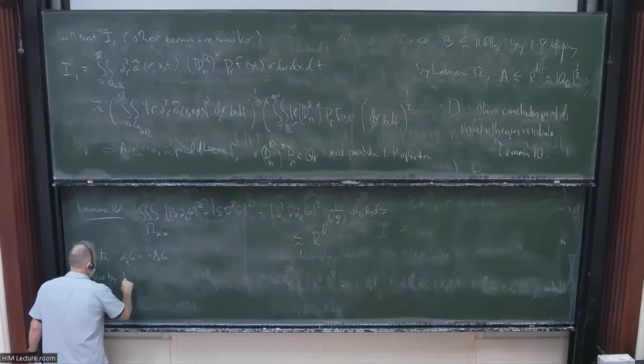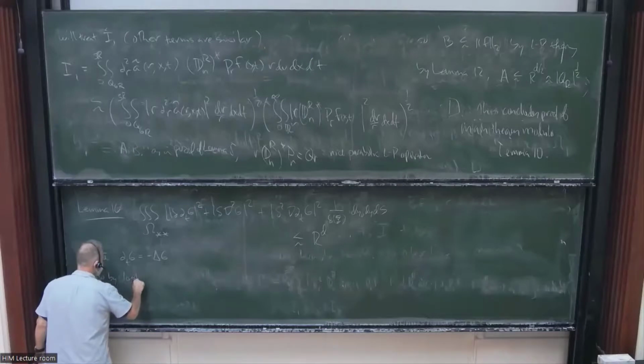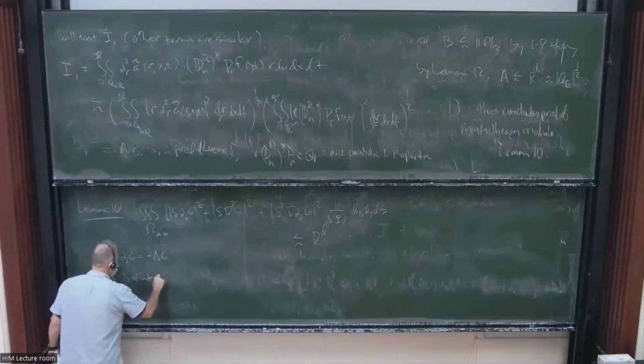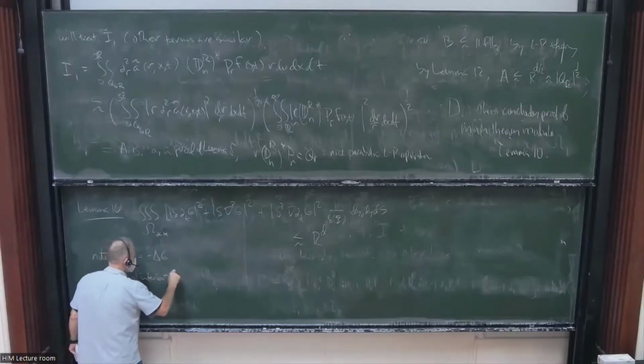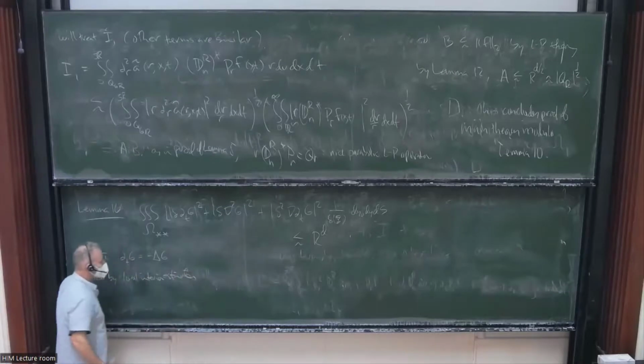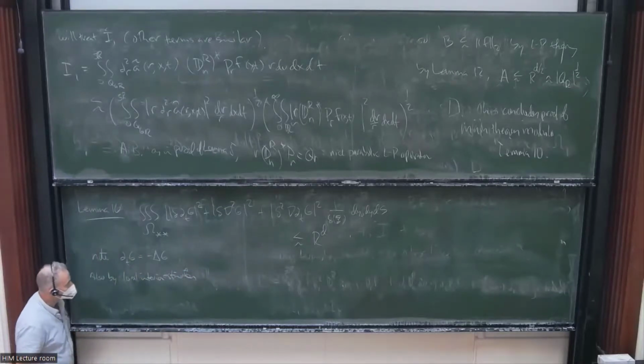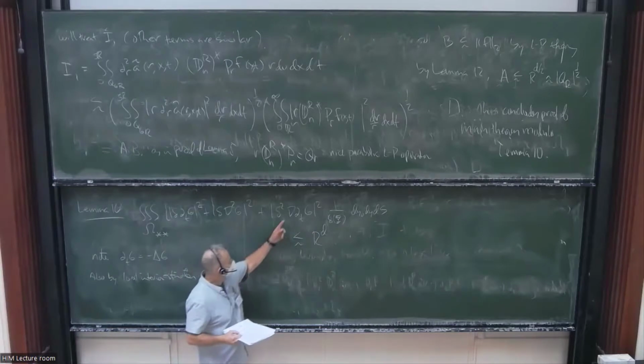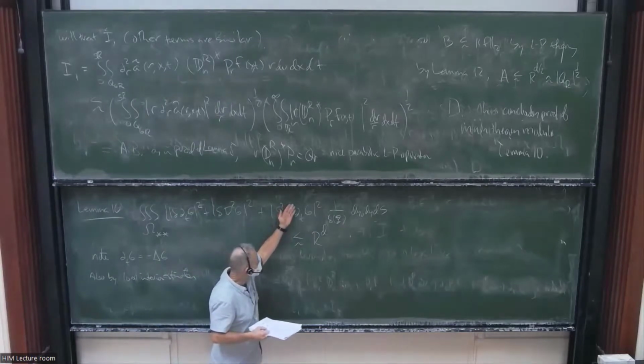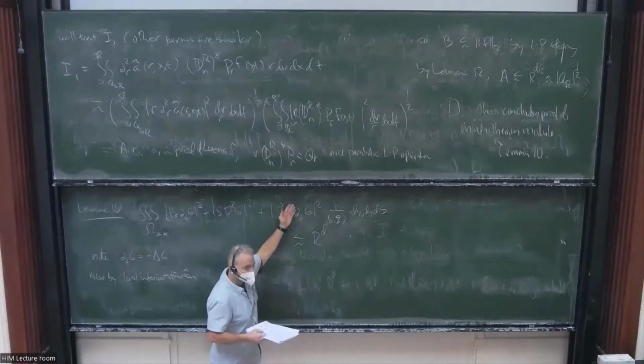by local interior estimates for caloric or adjoint caloric functions, you get to throw away a derivative at the expense of getting up 1 over the distance to the boundary.